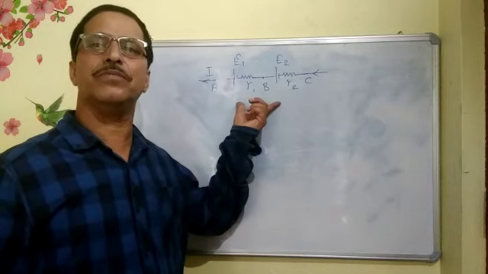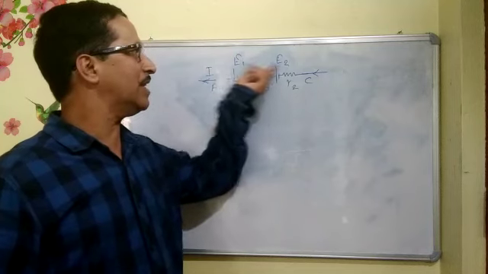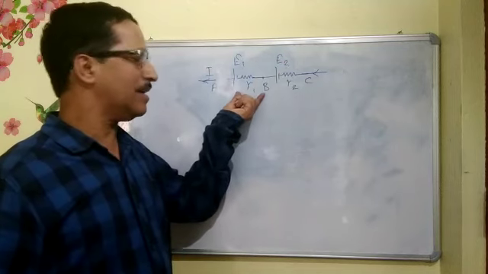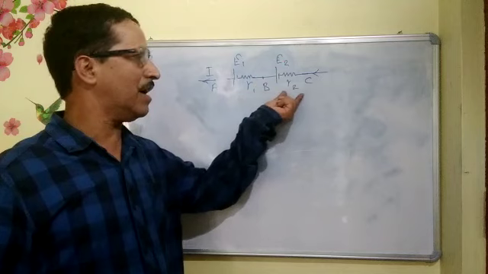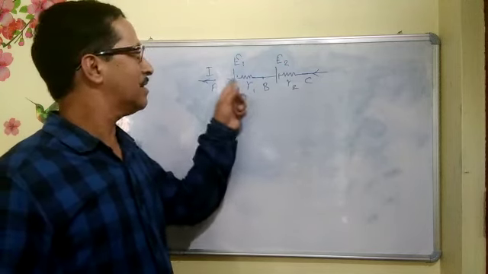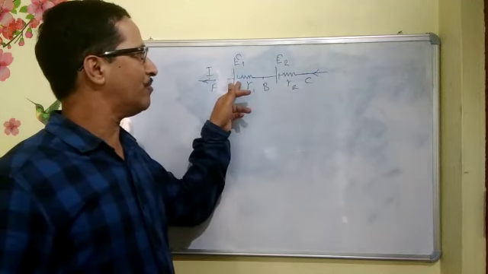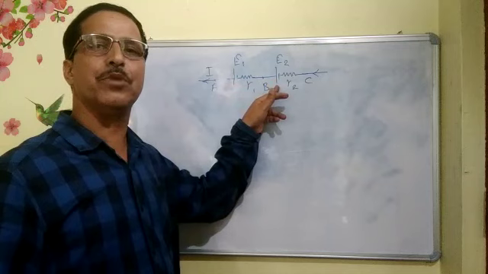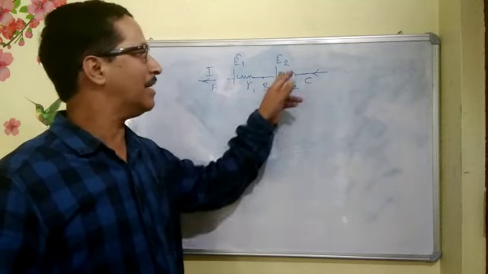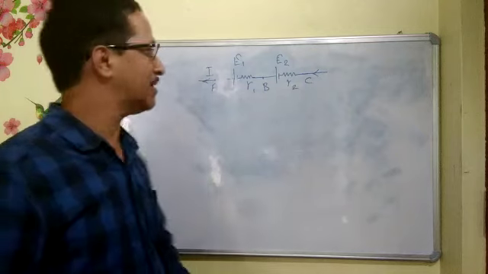In this diagram, we have two cells with EMFs E1 and E2 and internal resistances r1 and r2 respectively. They are connected in series, and in such a combination, the negative terminal of one cell is connected to the positive of the other, and then rest is connected to the external circuit.